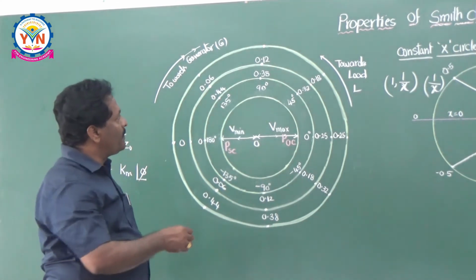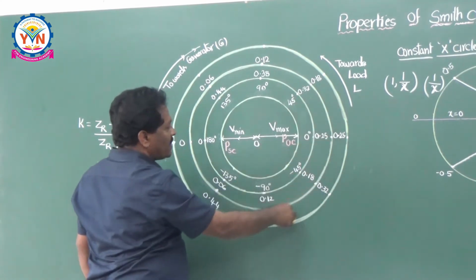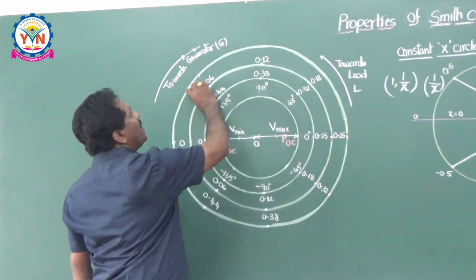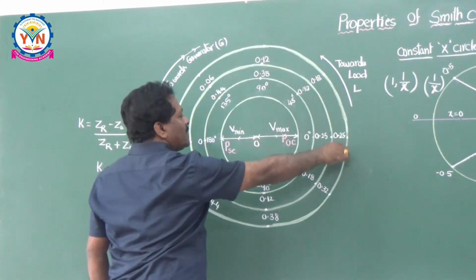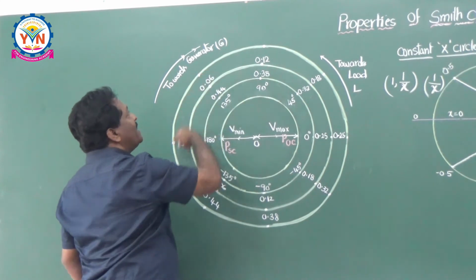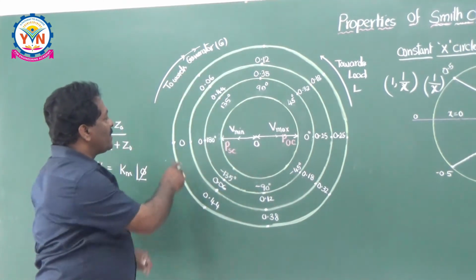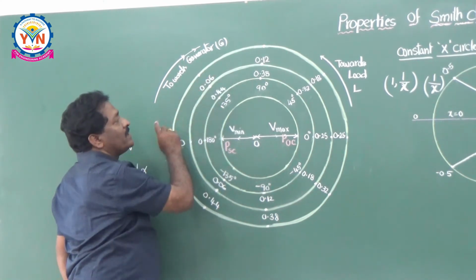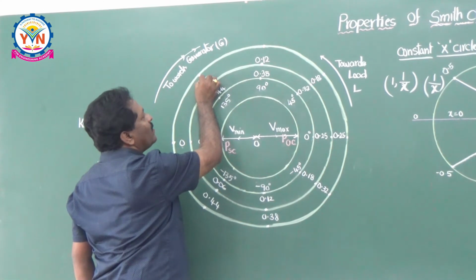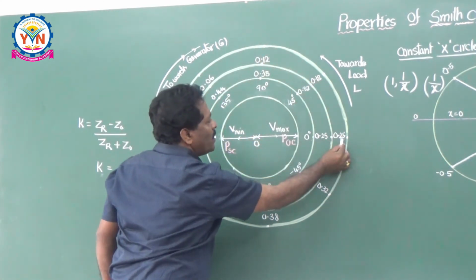Now the other two scales are here, the next scale and the next scale. The outermost scale tells about the distance to the generator in terms of wavelengths. Wavelengths means lambdas. Suppose this is 0.06 lambda, 0.12 lambda, 0.18 lambda, 0.25 lambda.